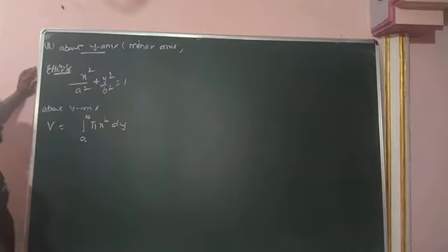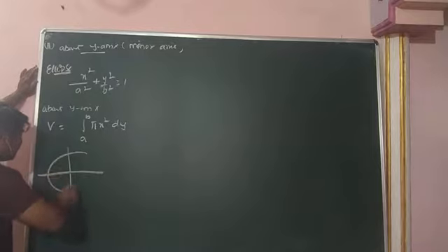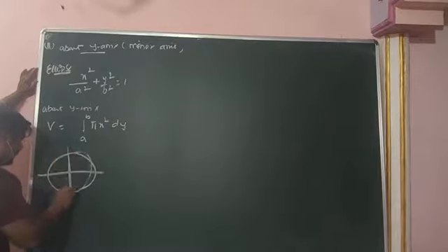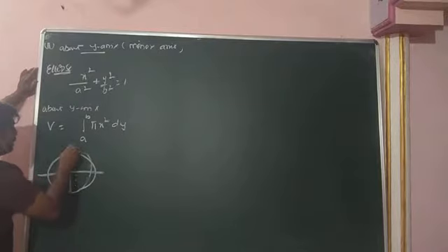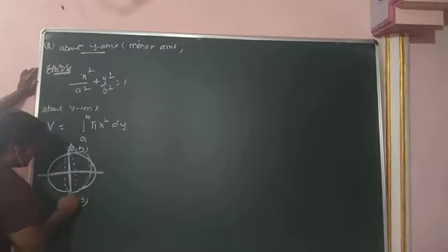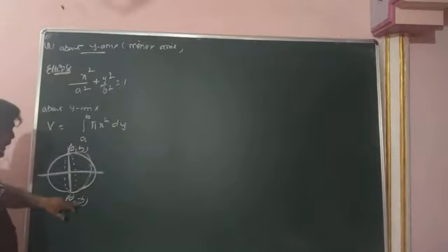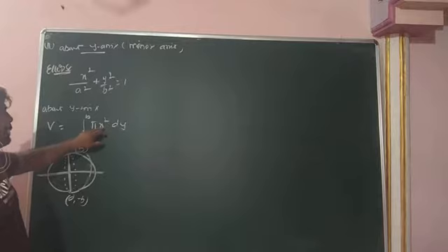Here this is an ellipse, and we need to find the volume by revolving this ellipse. This is 0 to b, this is 0 to minus b. So the limits are minus b to b, and here it is written as pi x square.